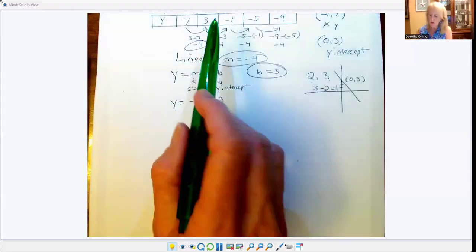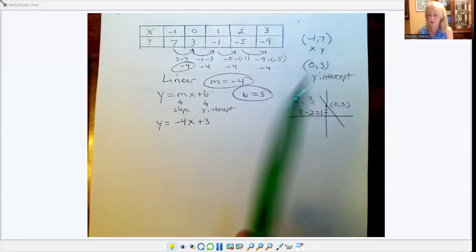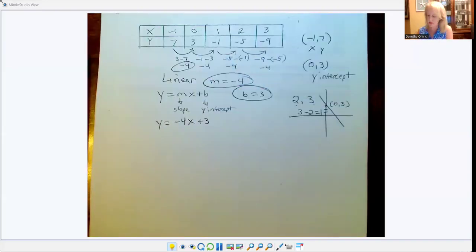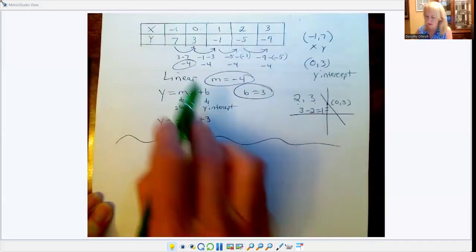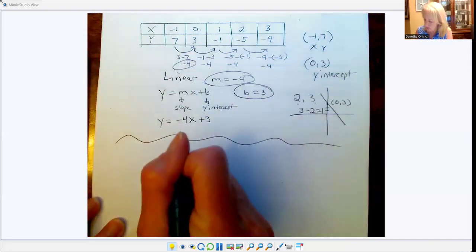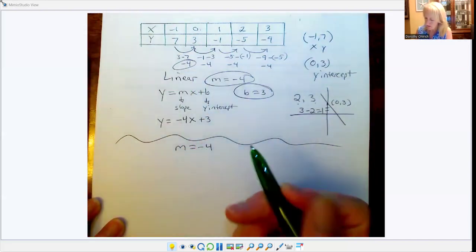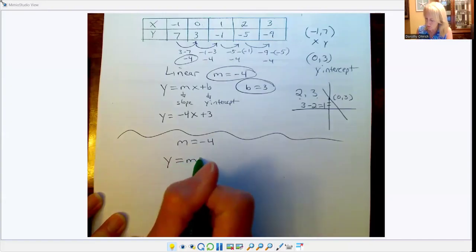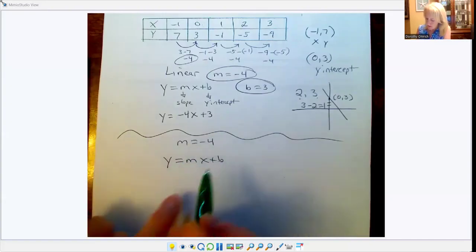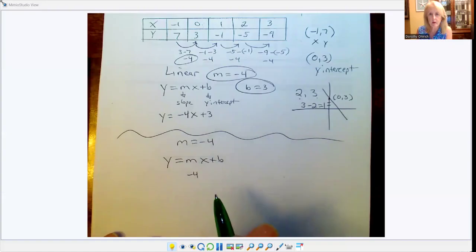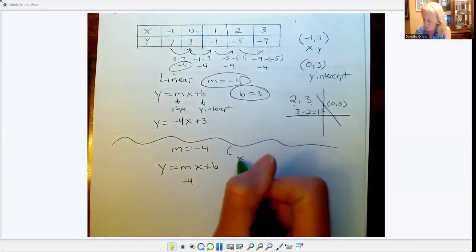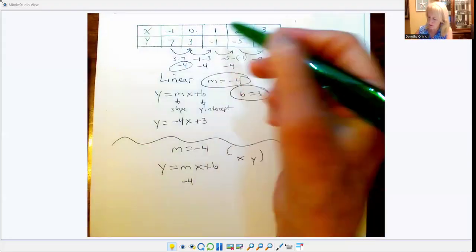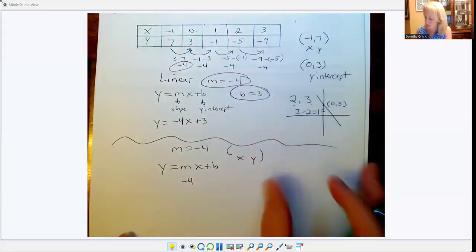If you don't know how to find the y-intercept by looking at 0, or say you didn't have 0, I will show you the other way. It's still m is -4. Write y equals mx plus b, plugging in -4 for m, and you can choose another point for the x and y. Let's choose 2 and -5.